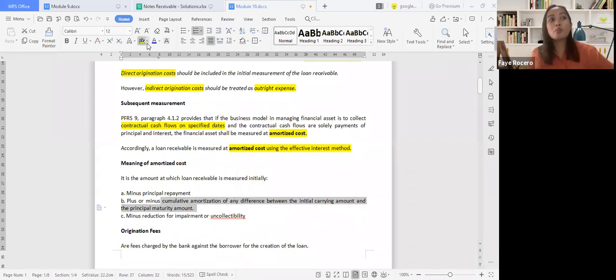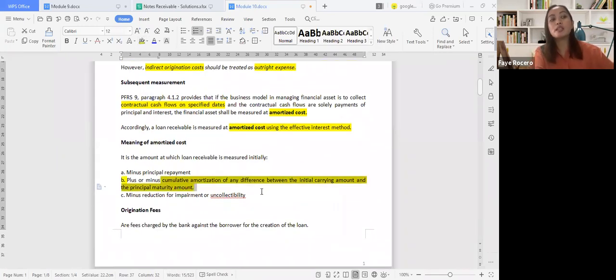Later on, with a problem, it will be easier to understand. Minus the reduction for impairment or uncollectability. So similar to a note receivable, we also measure the probability of loss or impairment for a loan receivable. If that's the case, then we need to recognize the expense, charged to profit or loss.